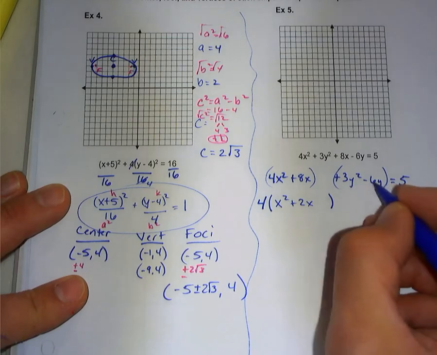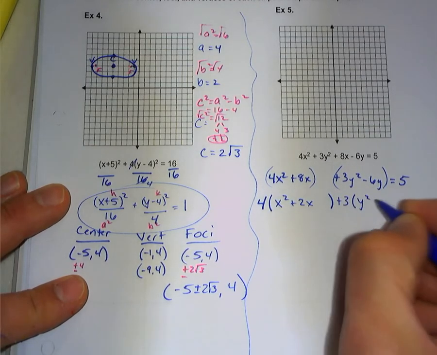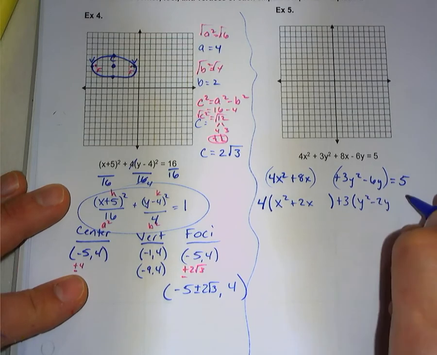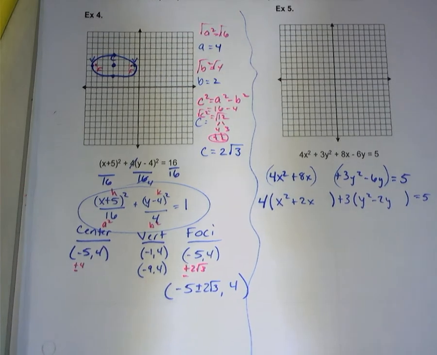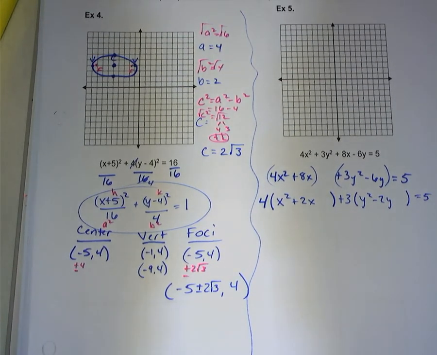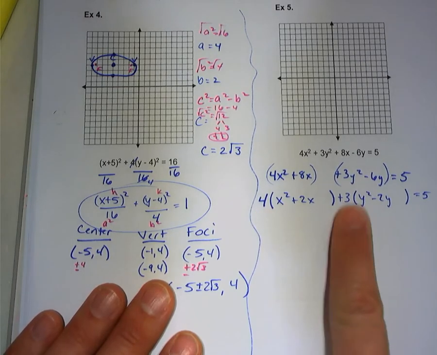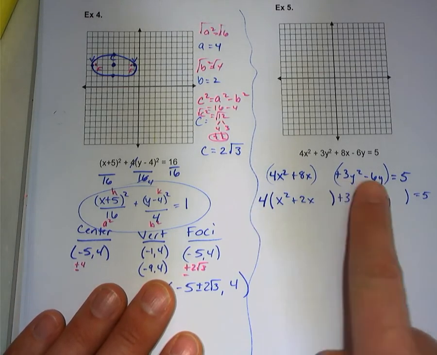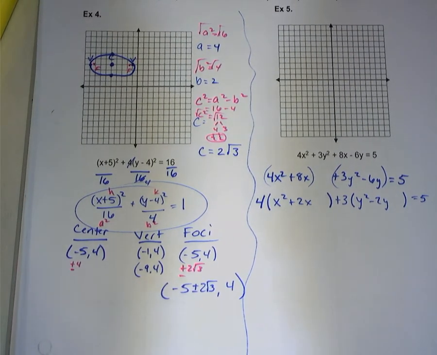Take out the leading coefficient, which is plus 3. That leaves me with y squared minus 2y. Leave some room in there. And that equals 5. Okay, so I grouped my x's, I grouped my y's, and I took out the leading coefficient from both of those guys. Took out a 3. So far, so good. Any questions where I'm at so far?